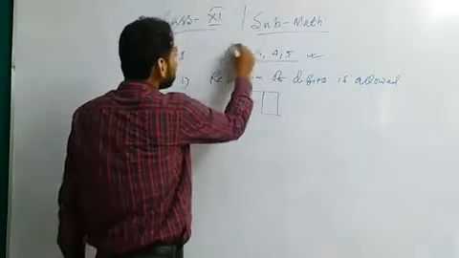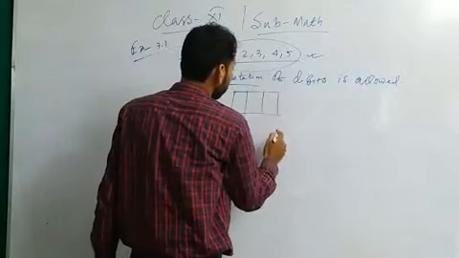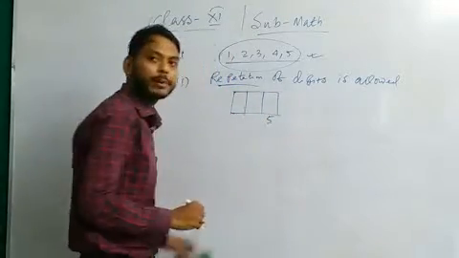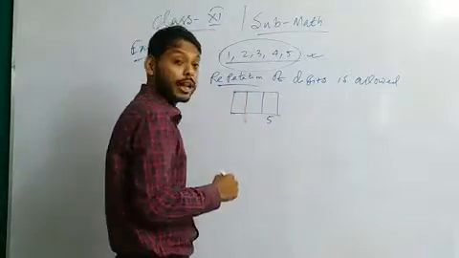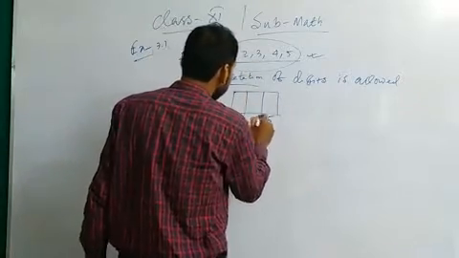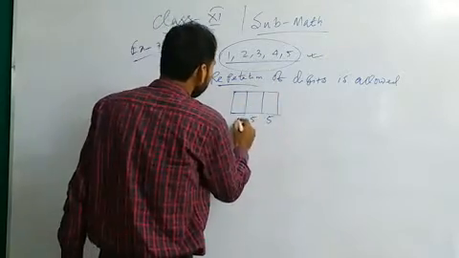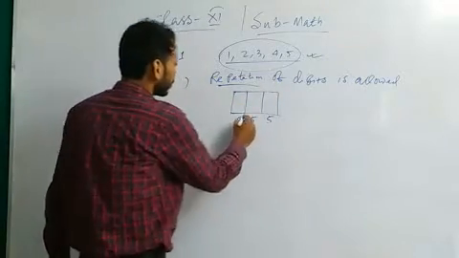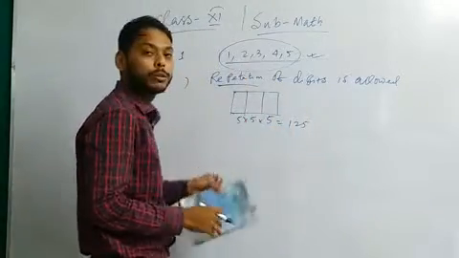Since repetition is allowed, the first place will be filled in 5 ways, the second place also in 5 ways, and the third place also in 5 ways. So 5 into 5 into 5, and the answer will be 125.